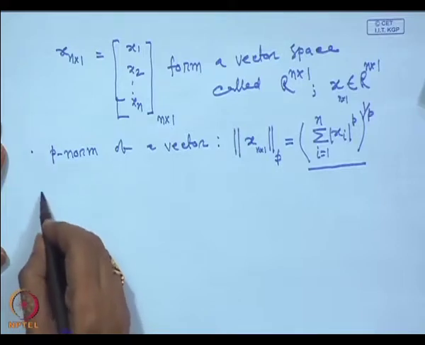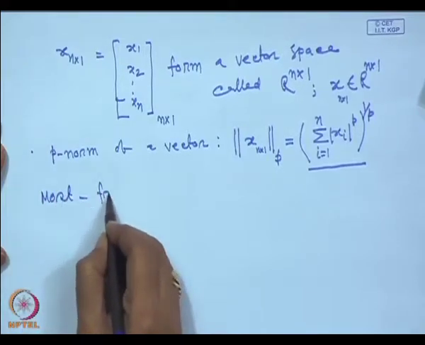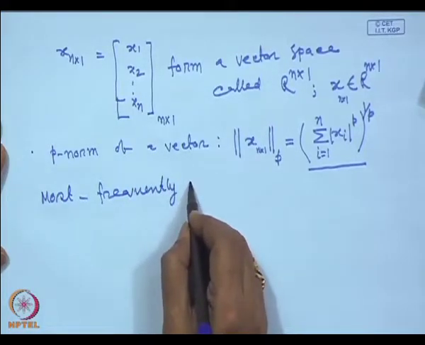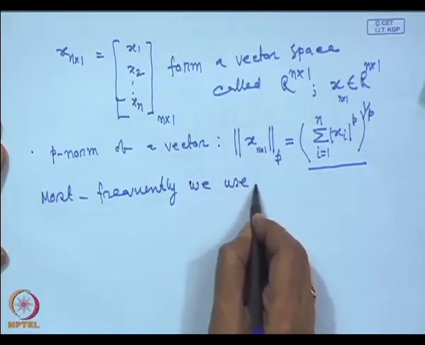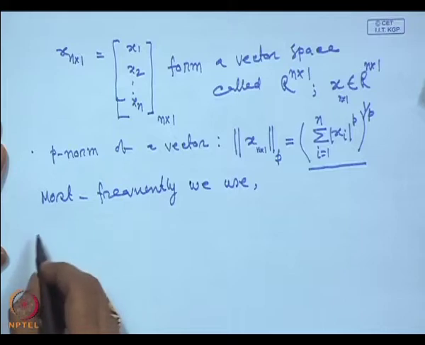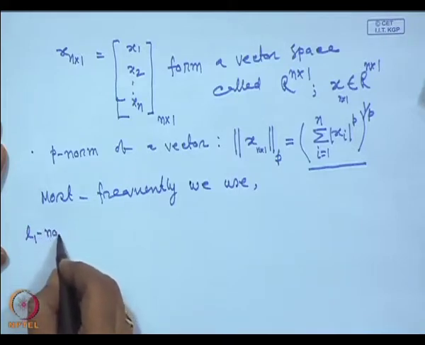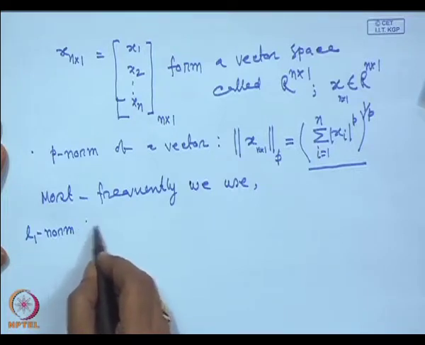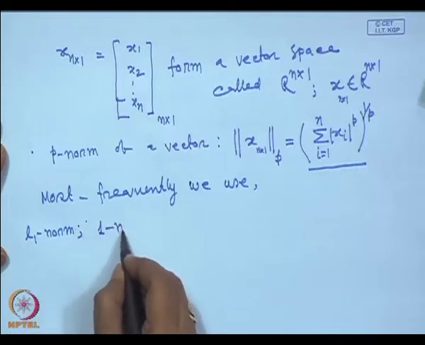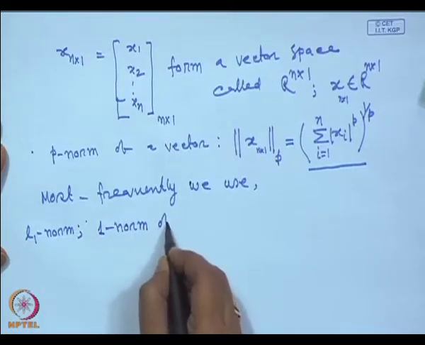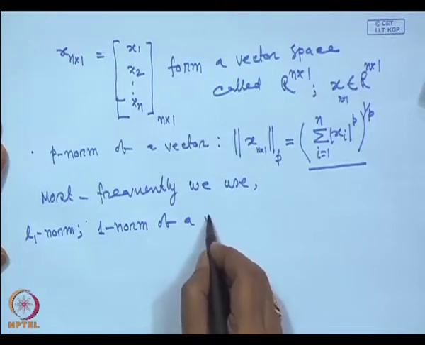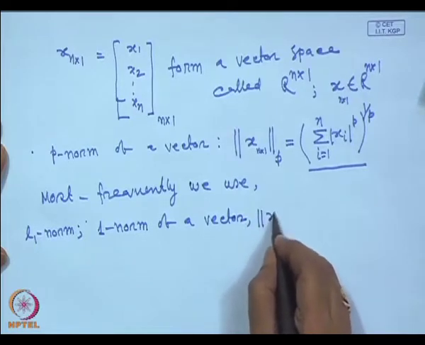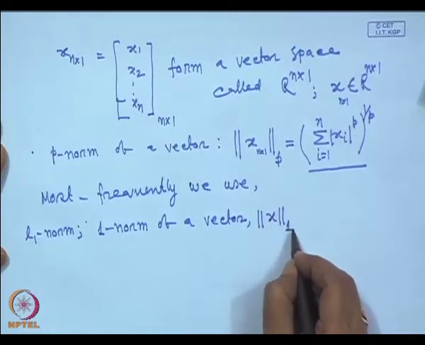Most frequently we use the L 1 norm, which is also called the 1 norm of a vector, and symbolically it is represented by x with suffix 1.